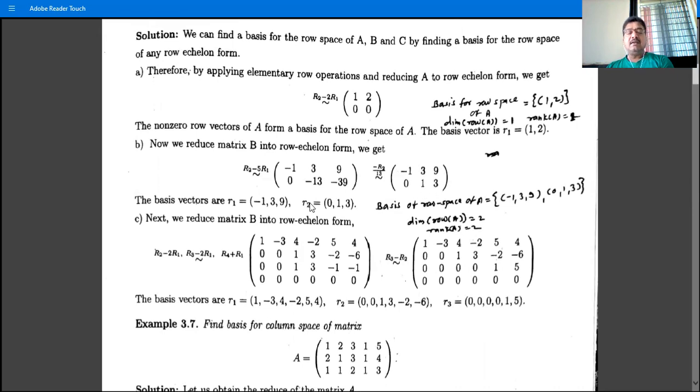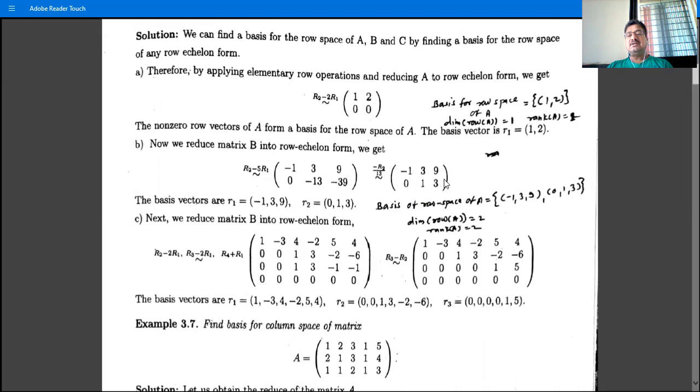Okay, and then this is an echelon form. So this echelon form depends on your calculation. This echelon form is not unique. That is, the echelon form can have different forms.